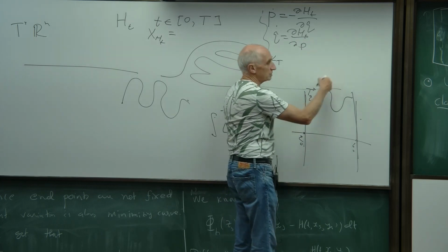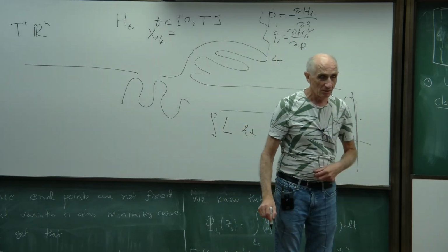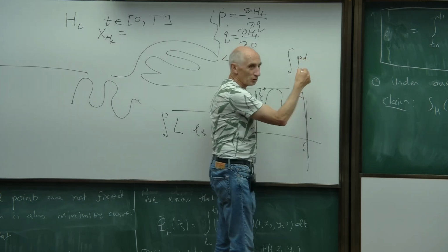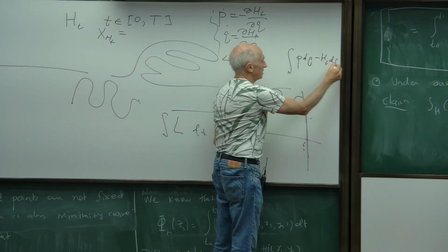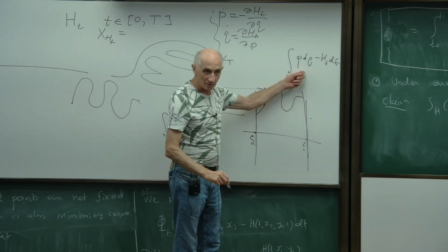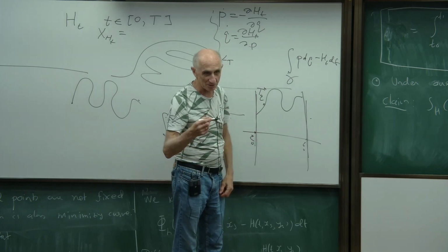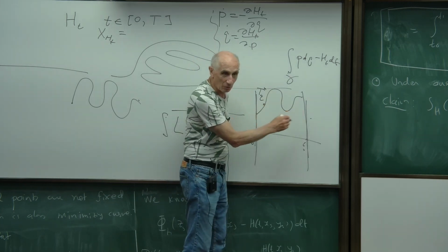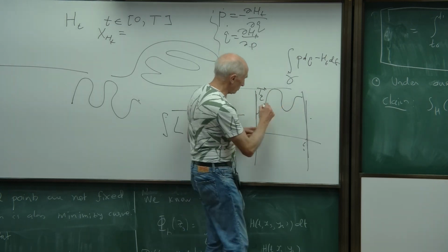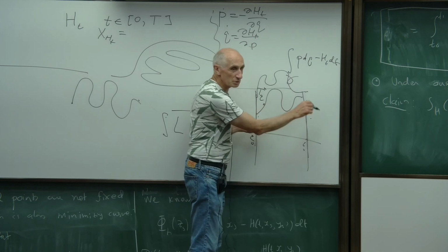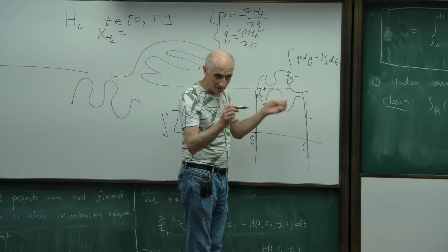You fix position, but not momentum. Then the action functional in Hamiltonian form is just the integral of p dq minus H_t dt, integrated over all paths, and the extremals of this, it's called the least action principle, but in fact it's not necessarily least action, are precisely the trajectories of the Hamiltonian system. So that's the least action principle.